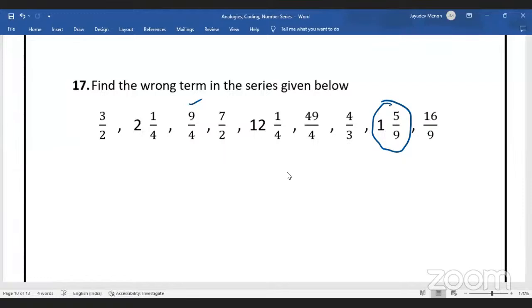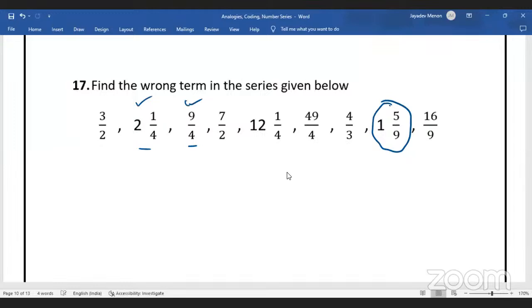Now, the square of this fraction is given in the fractional form and also in mixed fraction form. Square of 3 by 2 is 9 by 4, which is in fraction form. And it can also be written as 2 and 1 by 4, mixed fraction. Now the next term, 7 by 2.